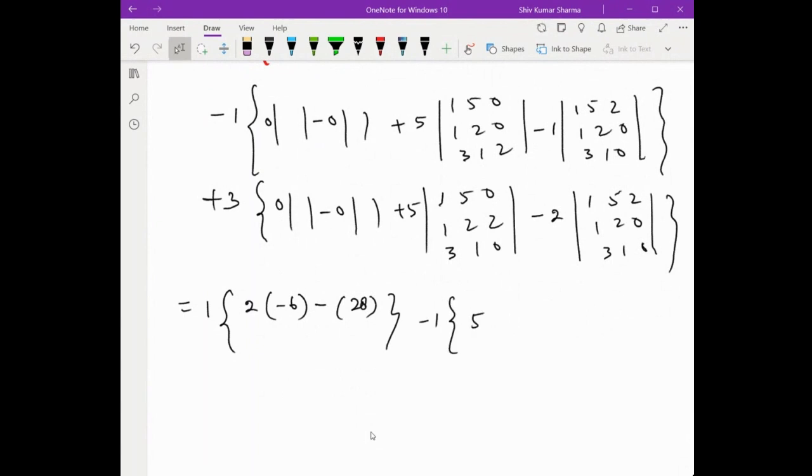And minus 1 for the second, this one. So for 2 2 is 4, so 4 minus 5 2 is 10, so minus 10, so this means minus 6.